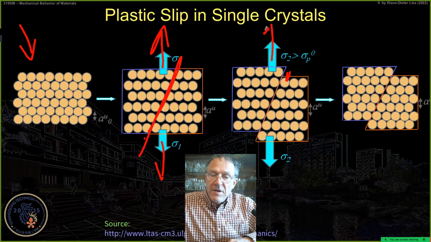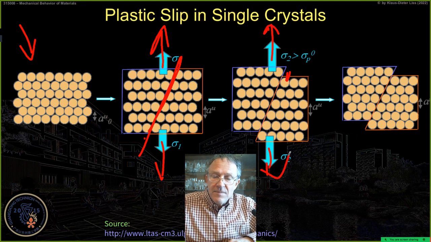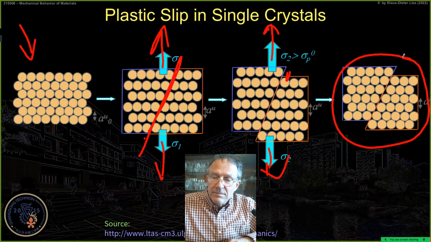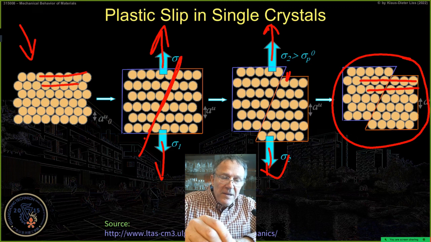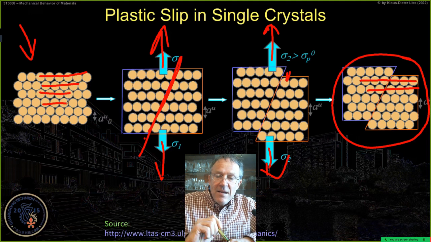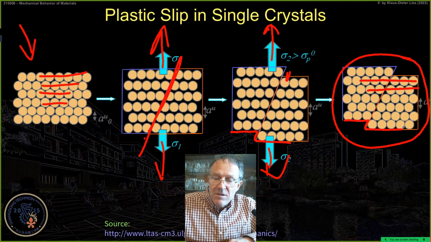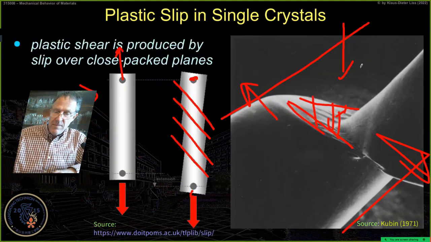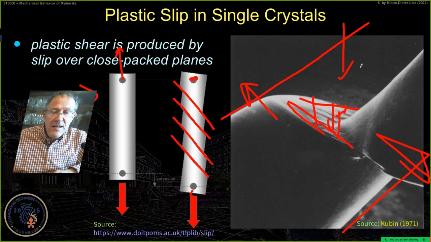Then we remove that force, that stress, and end up with the deformed crystal. It does not go back, because here we again have perfect crystal planes. Before, at the beginning, we had perfect crystal planes. Then we apply stress, respond by slip, so we get plastic deformation. We get a step here at the surface, and a step there at the surface. This is shown schematically on the slide which I showed before.